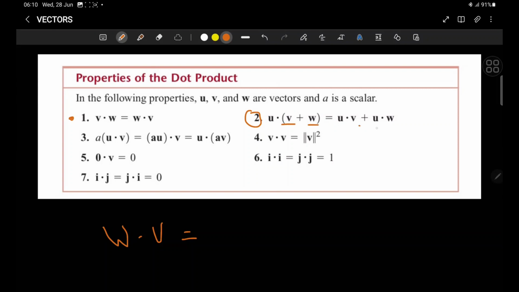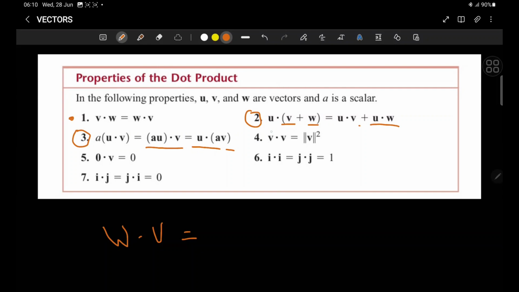So that is u dot v and u dot w. Then the third property, the scalar property: if we have a and then we have u dot v, we can simplify it in this way or in this way, where we say a and u multiply, then we get the dot product with v, or a and v multiply, then we get the dot product with u.